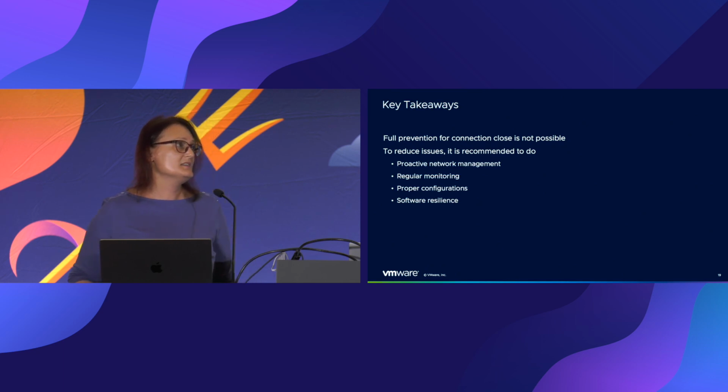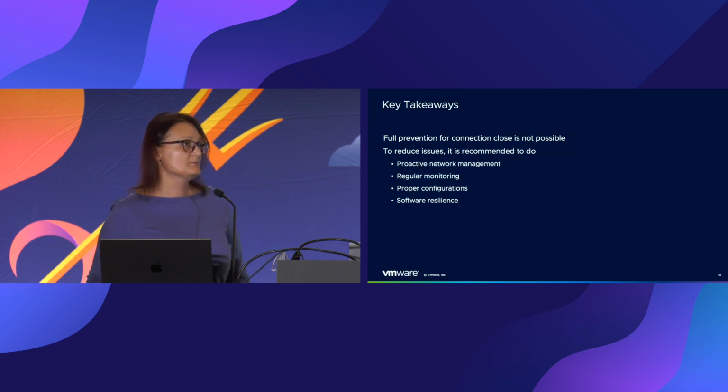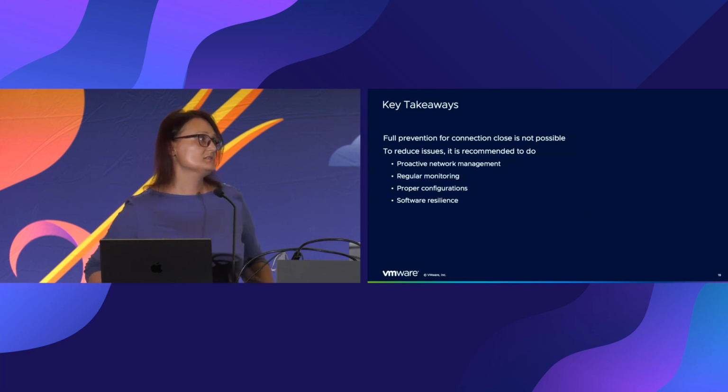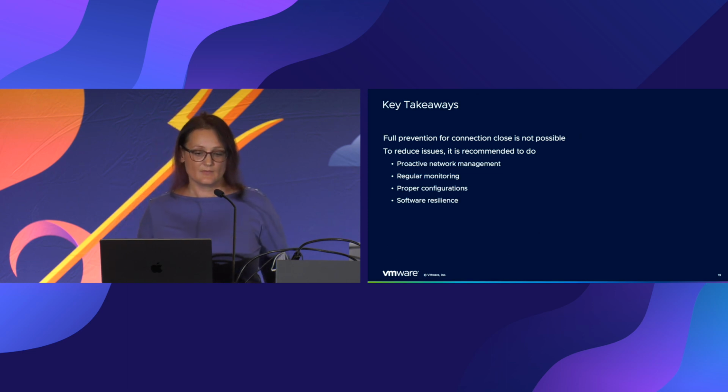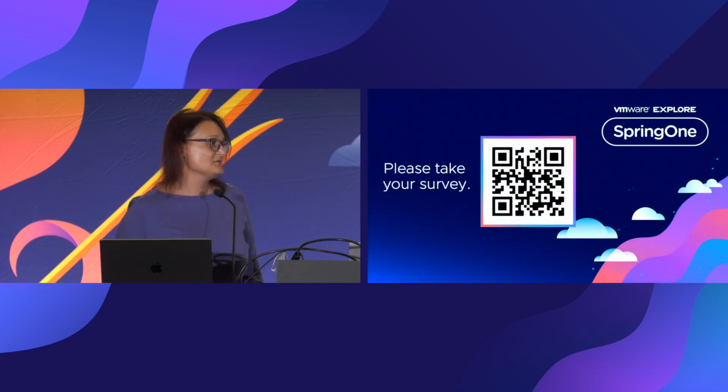But by applying proactive monitoring and proper configuration for the network, server, and the client, you can at least reduce these issues. Also, in addition to this, you may think about applying various strategies for solution resilience. So that's all from me. Now, if you have questions, you can ask me.